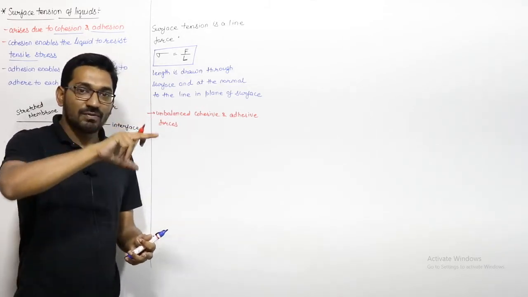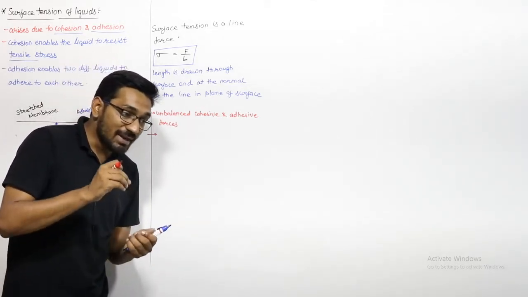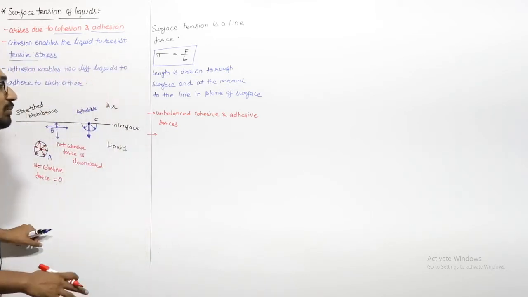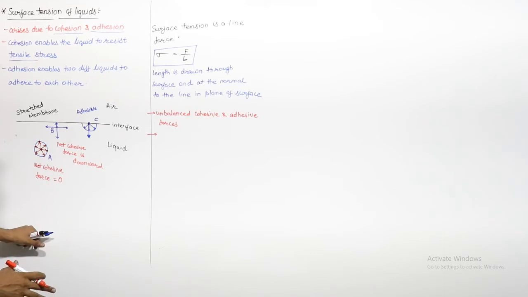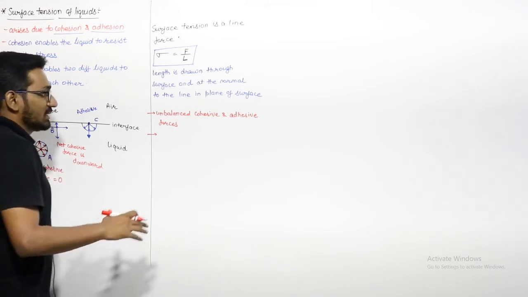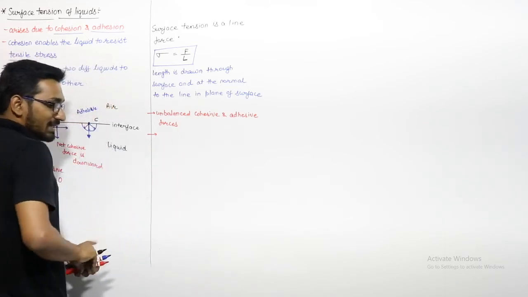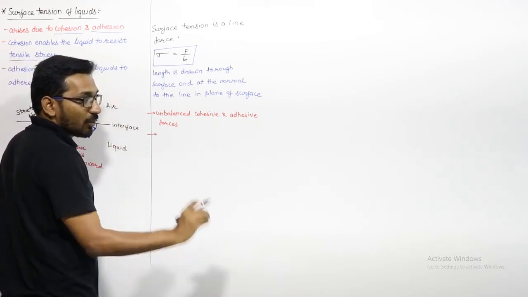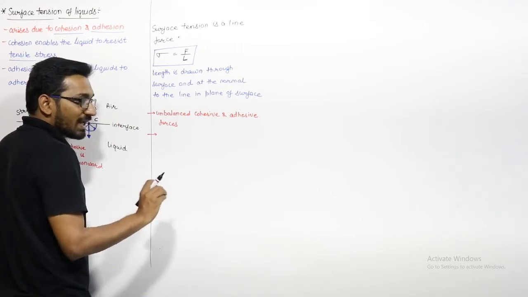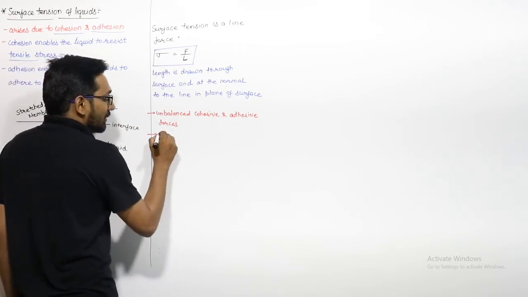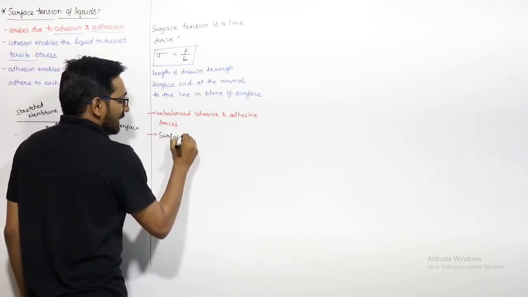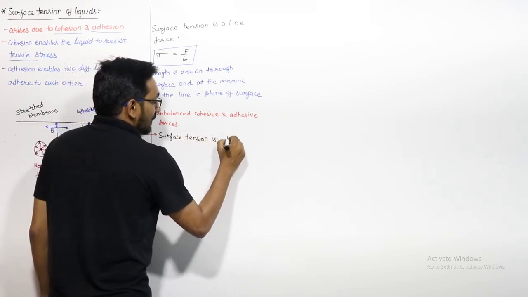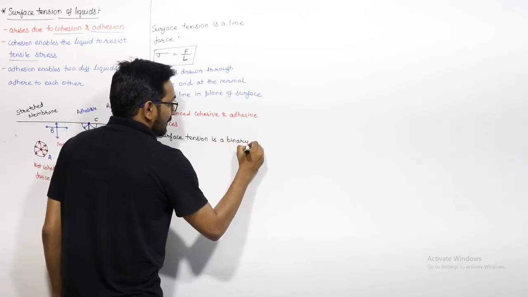If you remember viscosity, viscosity is mainly because of cohesive forces, but surface tension is because of both cohesive and adhesive forces. Hence the most important point is surface tension is not a property of liquid.